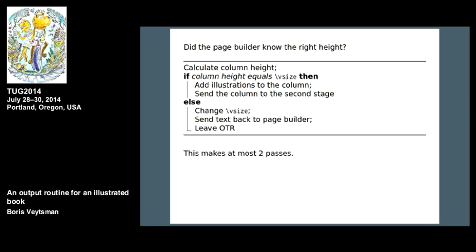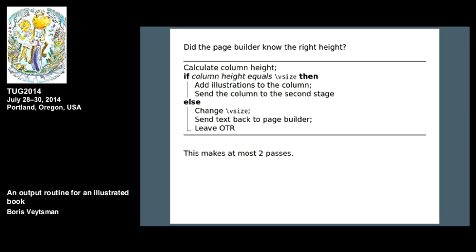So here's a trick, and the trick was the heart of this thing. I look at vsize, which is a global parameter. I look at what my column must be, because when I'm in the OTR, I already know what my column must be. If they're different, I change vsize, because I know what my column must be, and start the page builder again. What happens if they're equal?